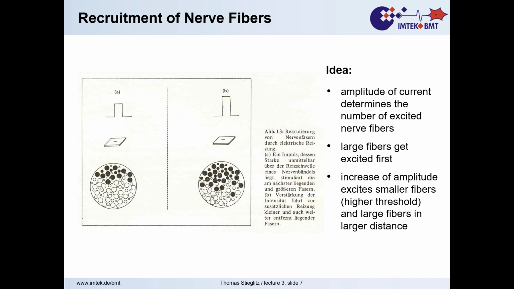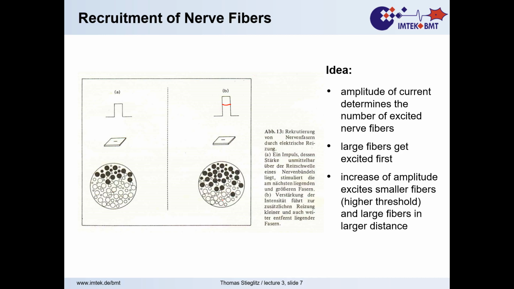If we now increase the amplitude here on the right-hand side, we get the threshold of the thin fibers in superficial layers, and on top of that, we get thicker fibers at deeper layers. That is called inverse recruitment.